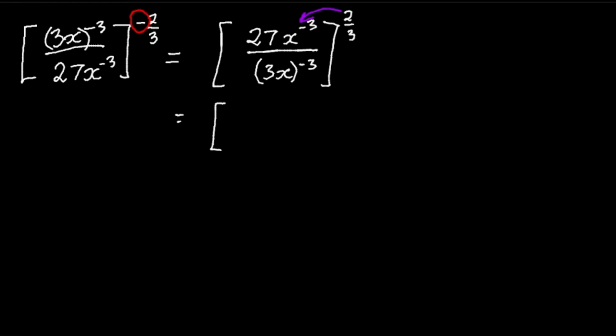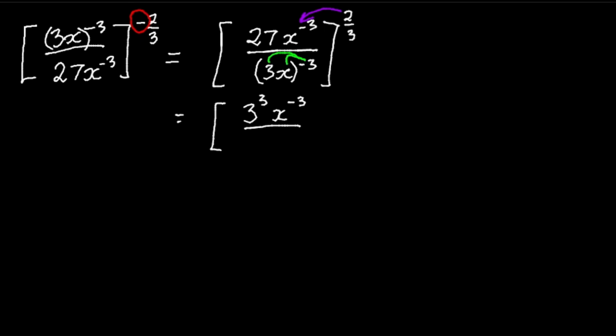So you are going to say 27 equals shift fact, and then your 27 is going to be written as 3 to the power of 3. And then we have 3 to the power of negative 3 divided by, and then on the denominator we are going to take this exponent and multiply it with the exponents on the inside.